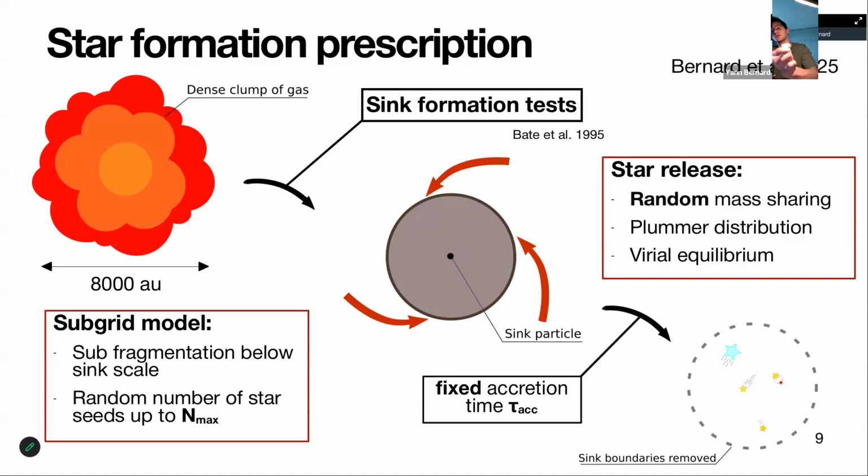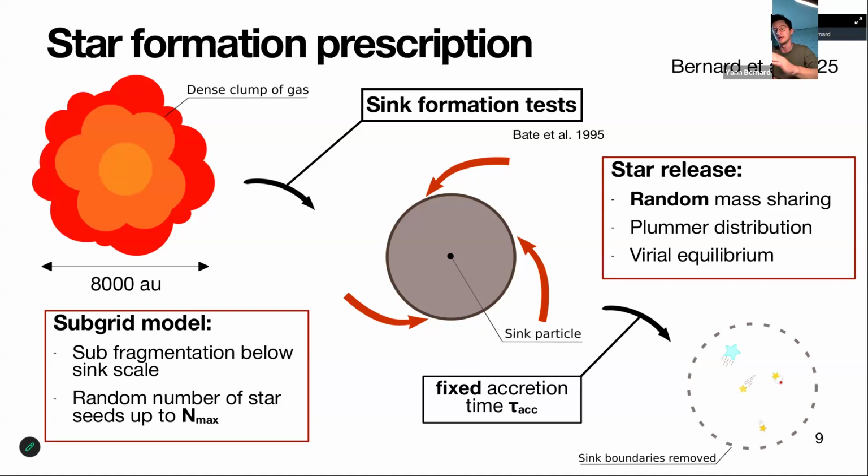In my case, I chose to check on very large clumps of gas, something around 8,000 AU, that allows me to have a very low resolution and then speed up the computation. But at this scale, this clump of gas during the star formation process can still subfragment, and then multiple stars can form inside one single particle.